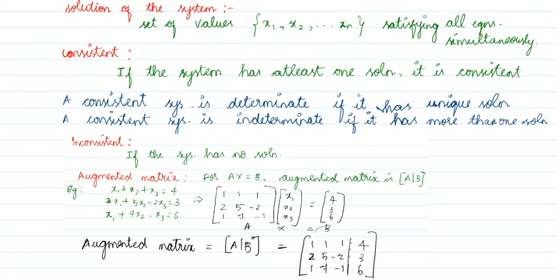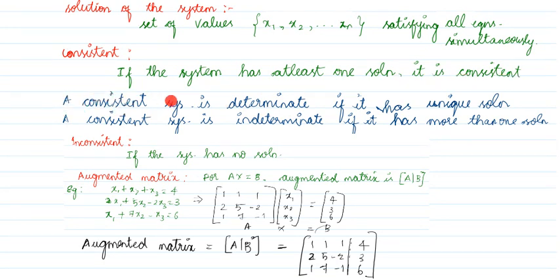Simple, right? If we are given two algebraic equations, we find x and y like that. Here x1, x2, etc. to xn is nothing but the solution. Then consistent: what is meant by consistent? If the system has at least one solution, then the system is consistent.